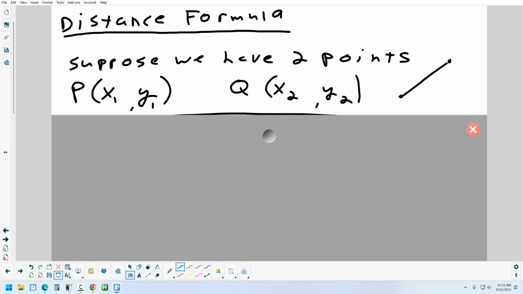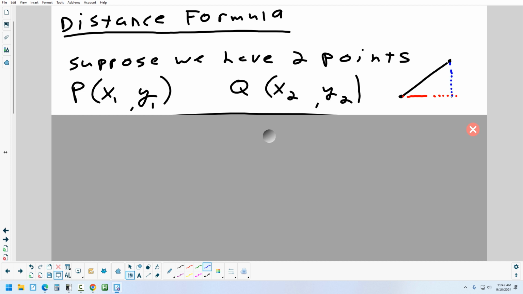Now, technically, when we use the distance formula, we are not directly finding the distance between those 2 points. Measuring distance on a slant like that, that's hard. Okay, that's really hard to do, like on graph paper. What's easy to do is measure distance that's horizontal and measure distance that's vertical.